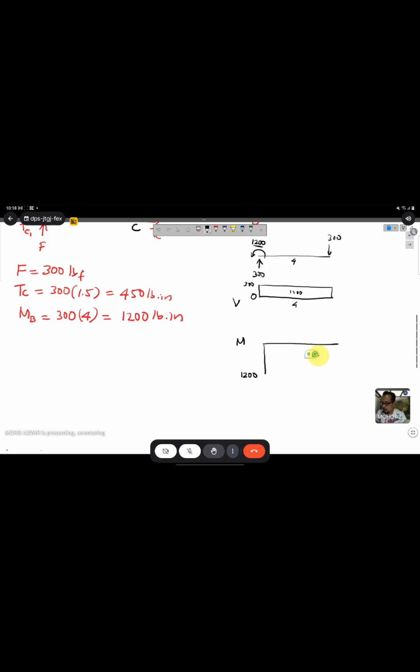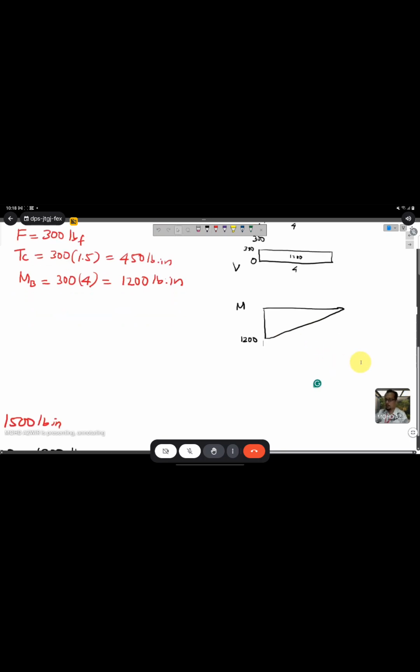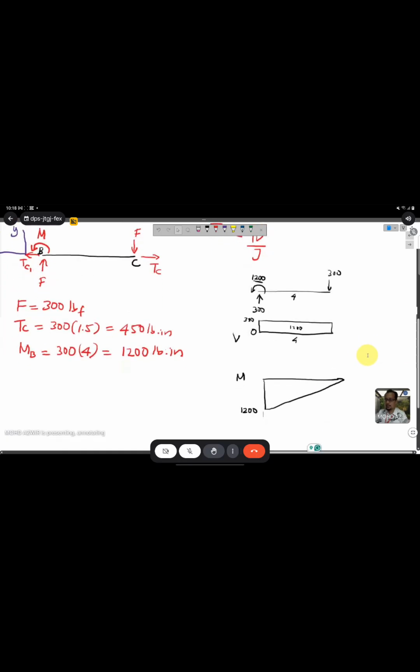And then actually your bending load will decrease and become zero at the end of it. So from here you can see that the maximum bending load will be acting at B here. This one will be the critical location, because we have a bigger moment load here.